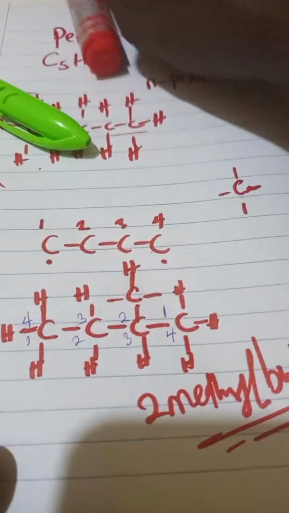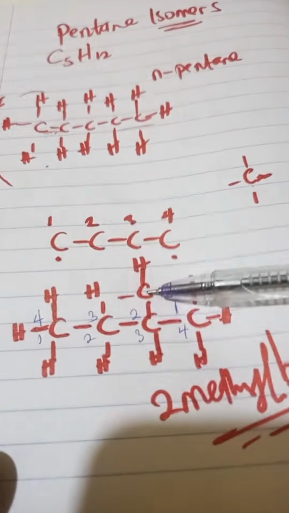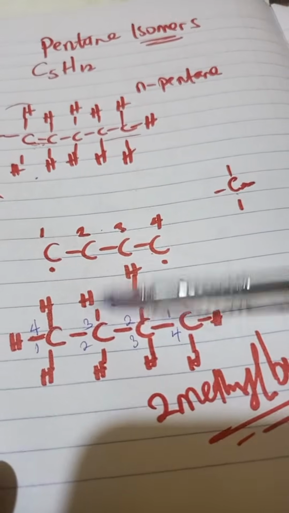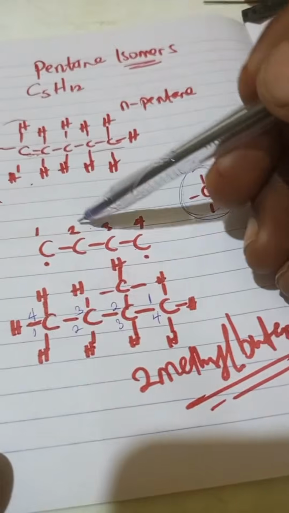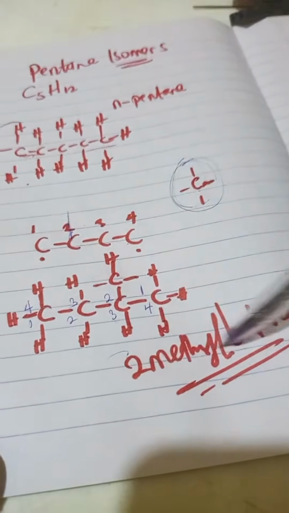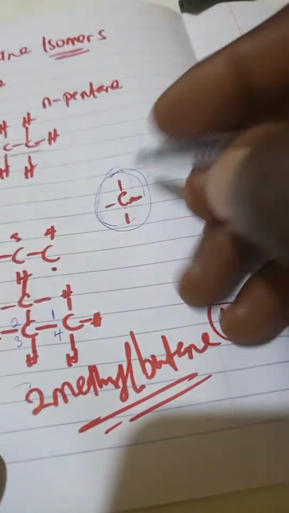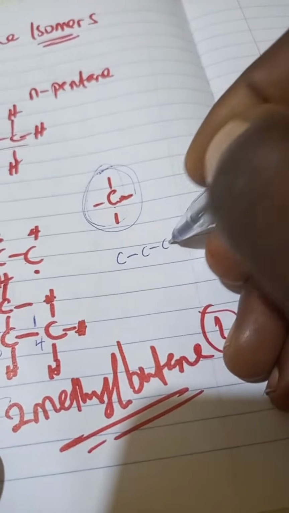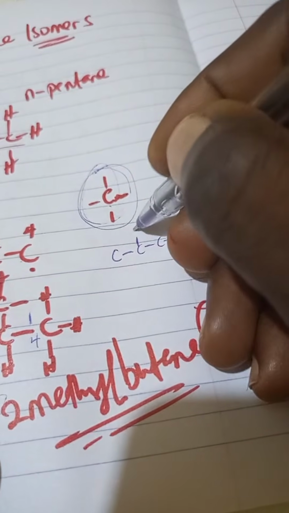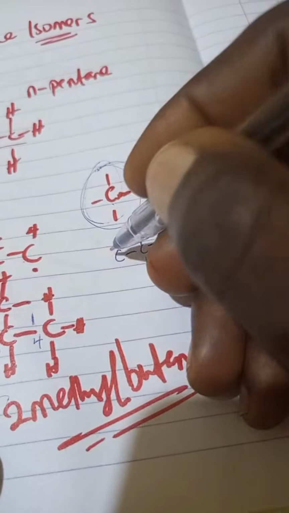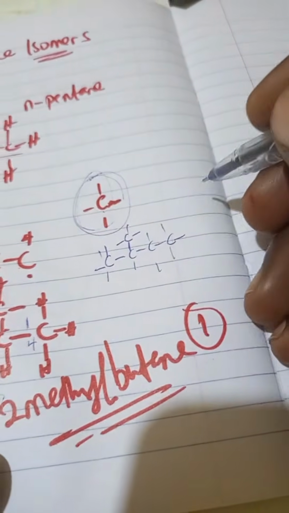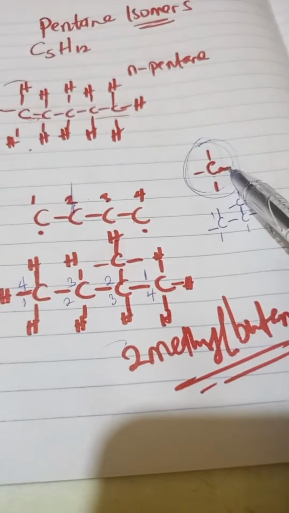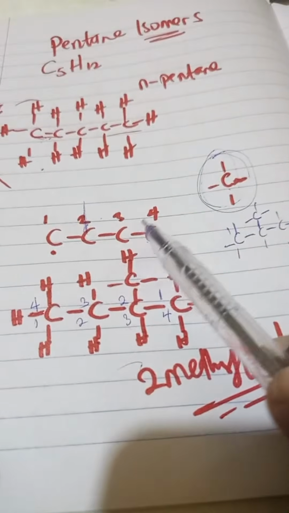Don't forget that if you take this carbon atom and put it here, it's still the same thing. If I remove this one and put it in this same place, it's still 2-methylbutane. It will look like this, just that it will not be here. This is still 2-methylbutane. So no need. That means you are done with one carbon atom. You cannot put this carbon atom here or here.